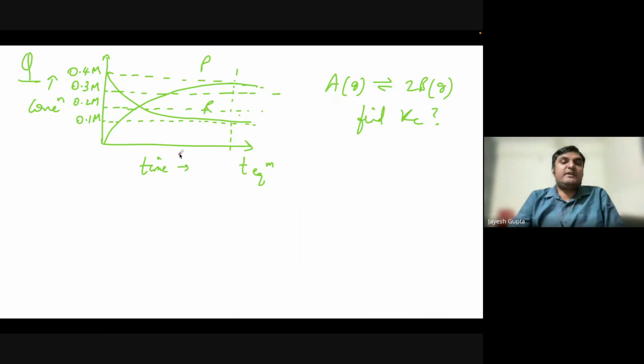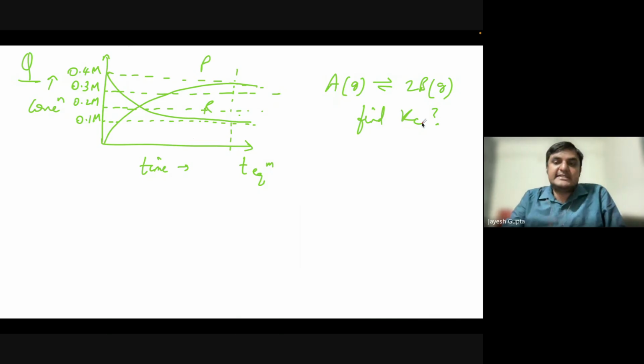So in the graph, you can see when the equilibrium is attained, your product concentration is 0.4 because the product concentration will be increasing. And the reactant concentration, you can see it is 0.1 molar because it will be decreasing. This we have discussed, and they have to become constant.